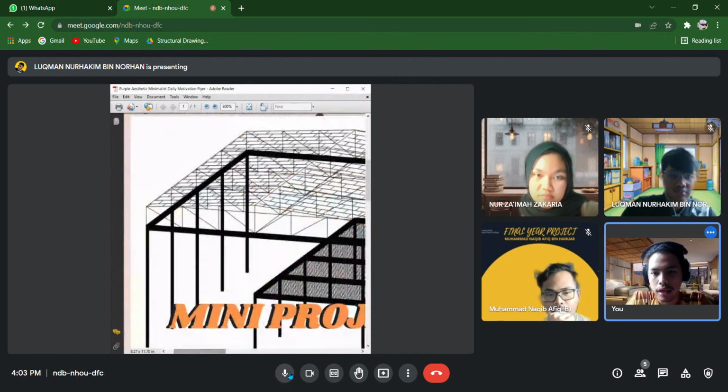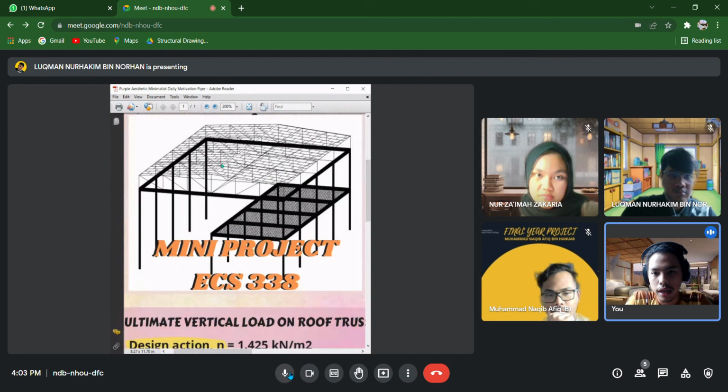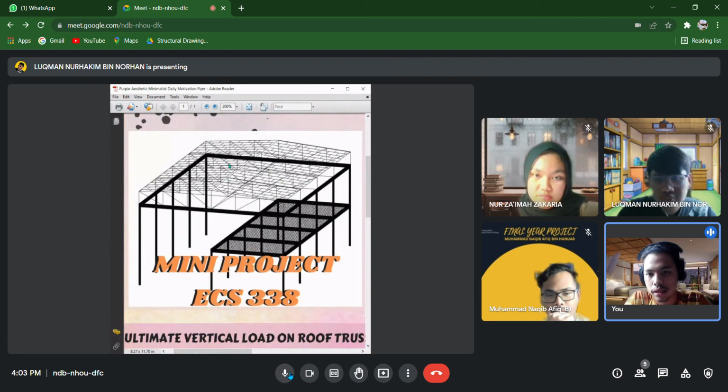We can see that there are 6 panels, which is from the question. From the question we gained case 2, which consists of 6 panels, and this is our design.